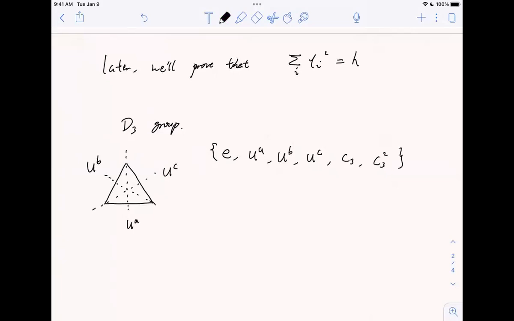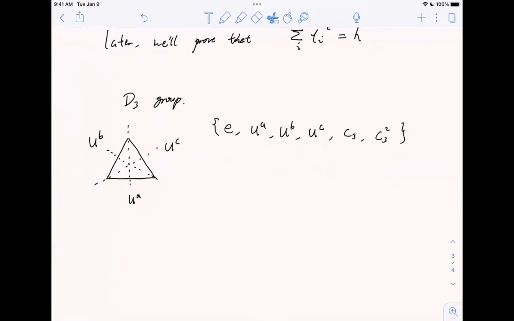C32 means you do it twice. So there are totally 6 elements. Okay, so let's consider how many irreducible representations it can have. There are totally 6.